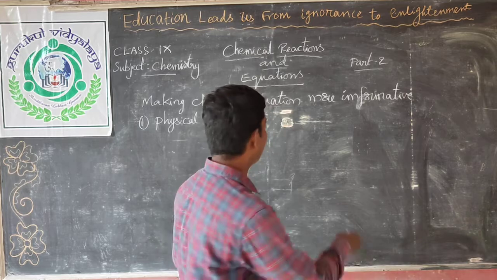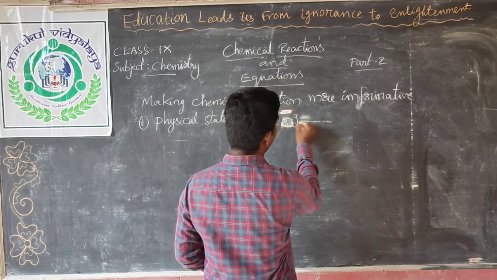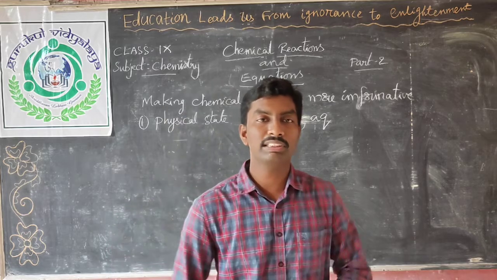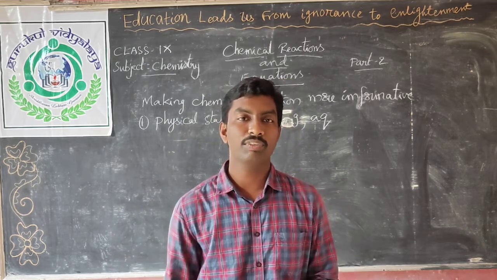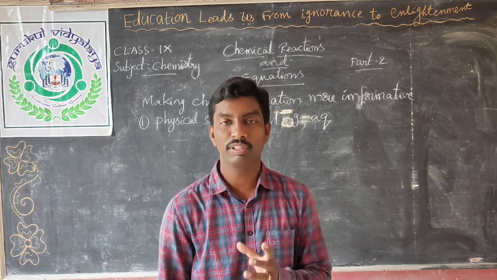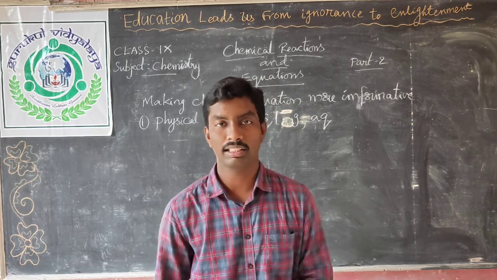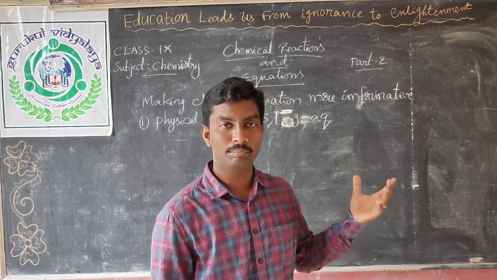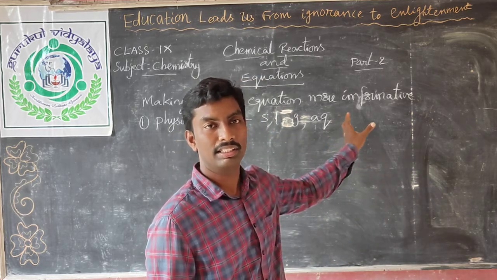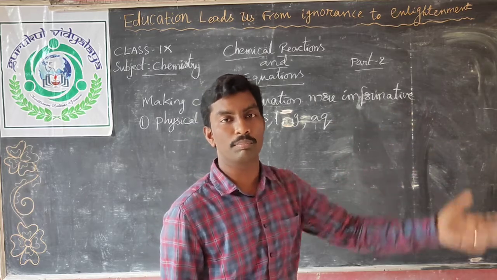By writing AQ. AQ is aqueous. Aqueous means the substance, when added to water, becomes a solution, and then we say it is an aqueous substance. Like that, by writing these indications, we can express the chemical equation with more information.